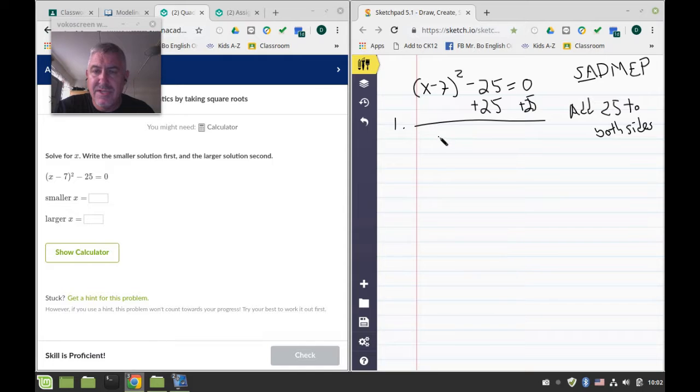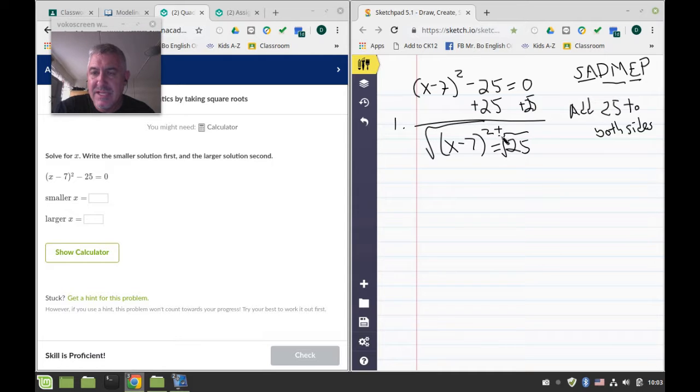Okay, so I'll start getting you guys used to this. So now I have x minus 7 squared is equal to 25. So my next step on the inverse order of operations is divide and multiply. But I don't have any coefficient here, so I can't really do that. So skipping to exponent, here I have an exponent. So inverse of squared is square root.